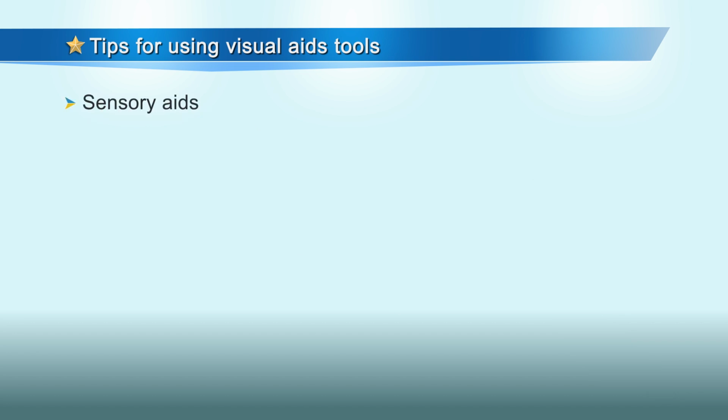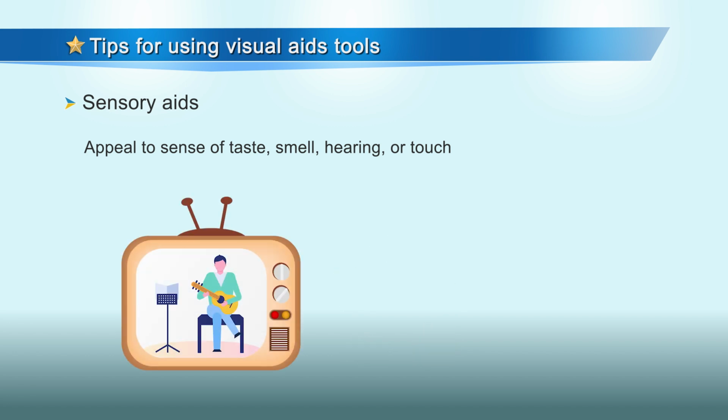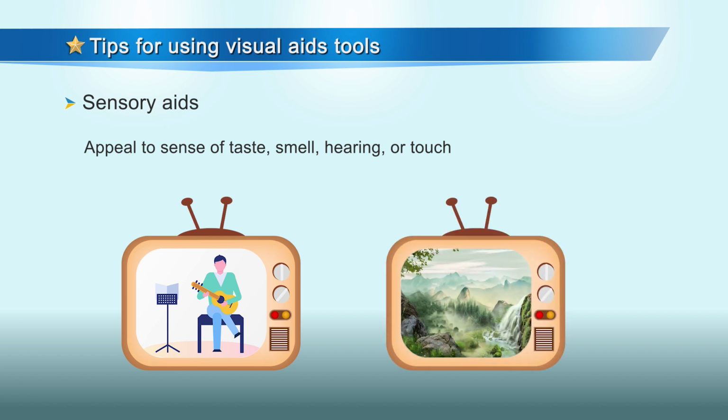Thirdly, sensory aids. Sensory presentational aids appeal to audience members' sense of taste, smell, hearing, or touch. For example, if you are playing a musical instrument, or you employ a video or audio recording of a waterfall, or feeling the richness of texture, you can use sensory aids.